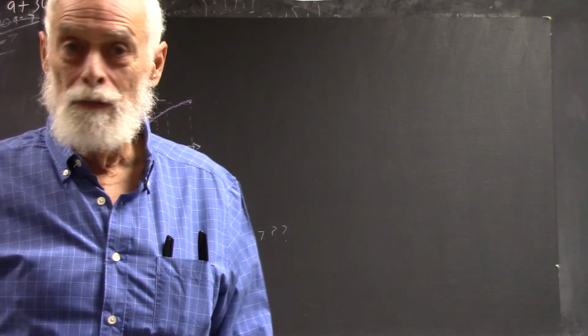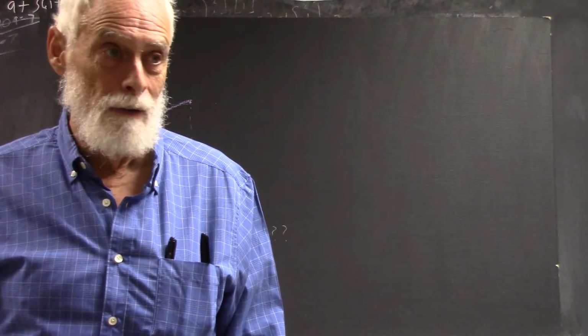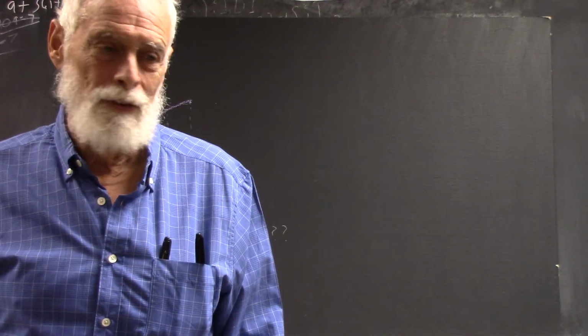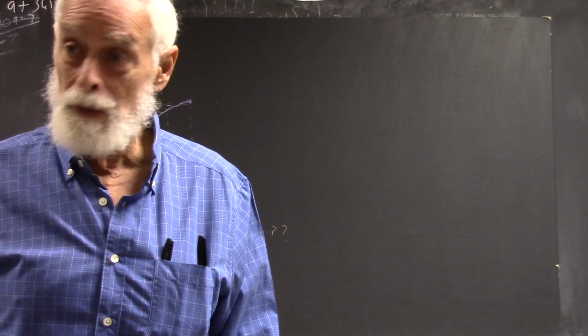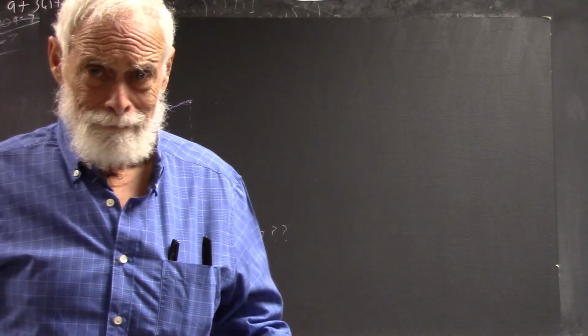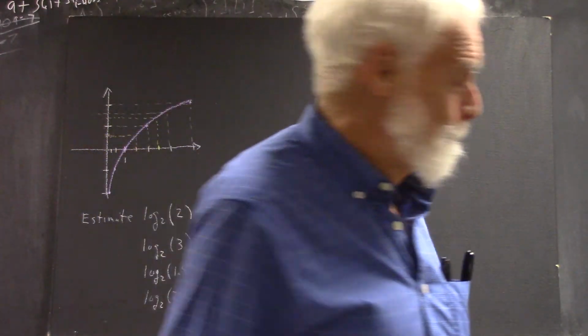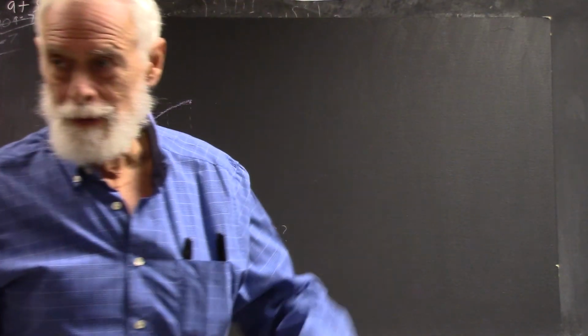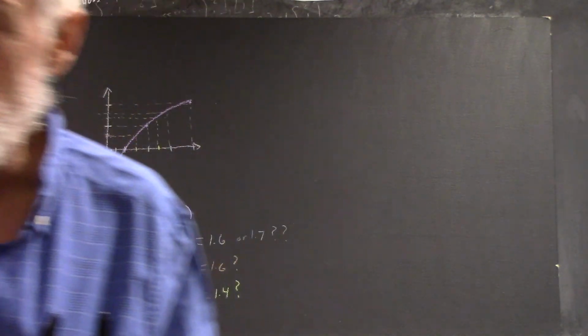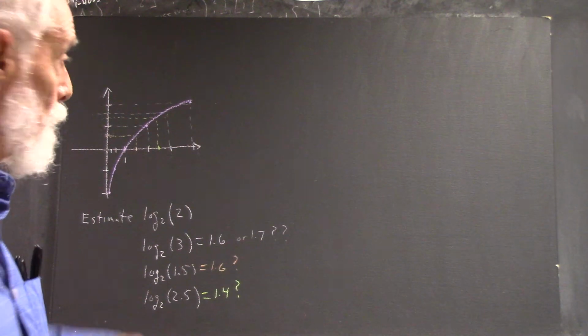Now, when we get around to the final and know these graphs a little better, I'd say, you've got to tell me. If you still think it's 1.5, that's okay, but tell me it really can't be 1.5 because the slope here is greater than the slope there. Make sense? Okay? On this test, a reasonable estimate is accepted, and you might have to do those estimates in order to solve an equation.